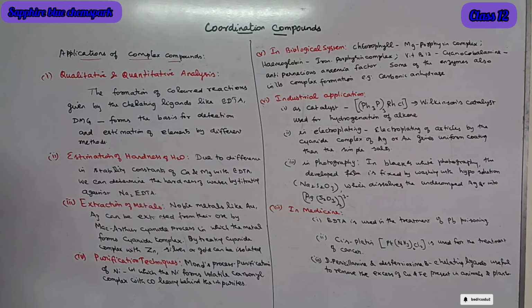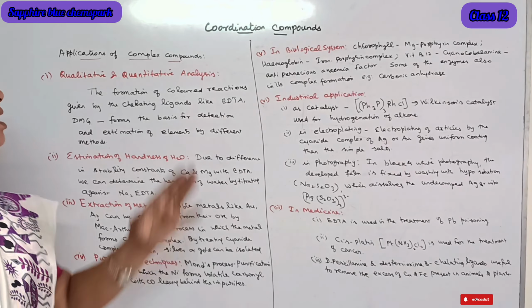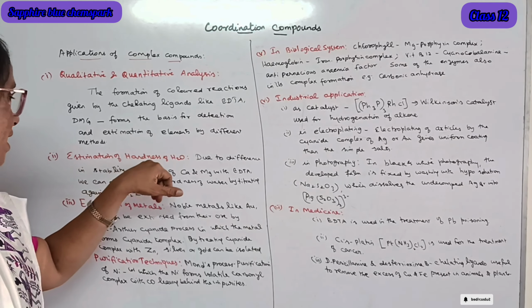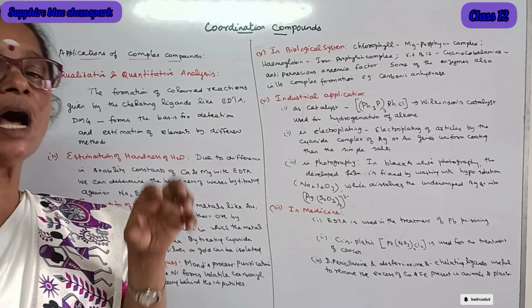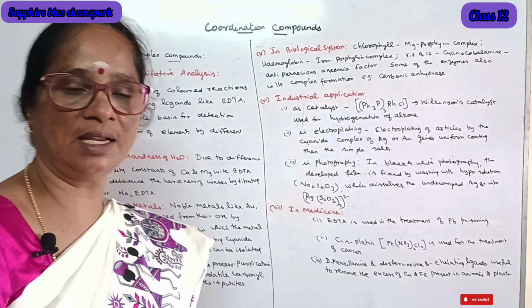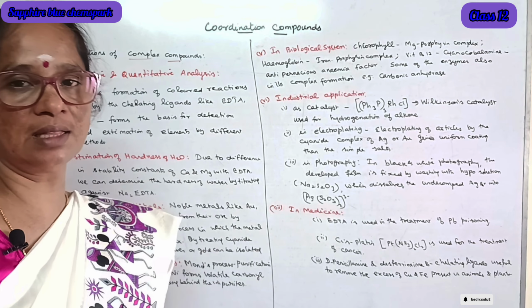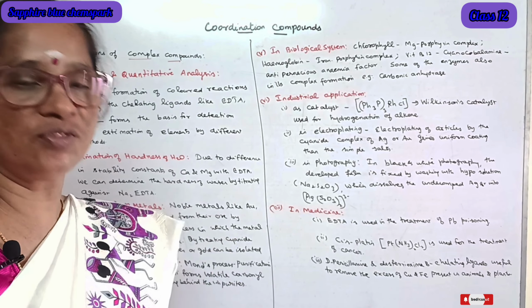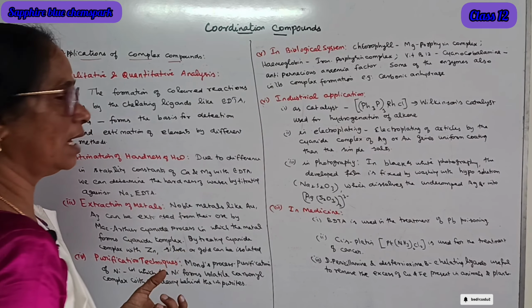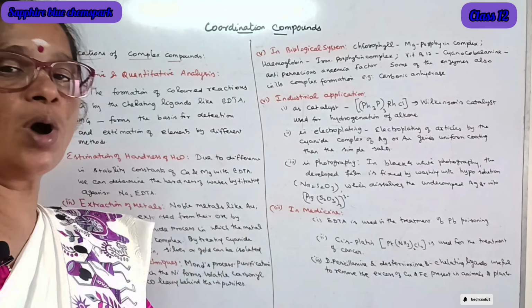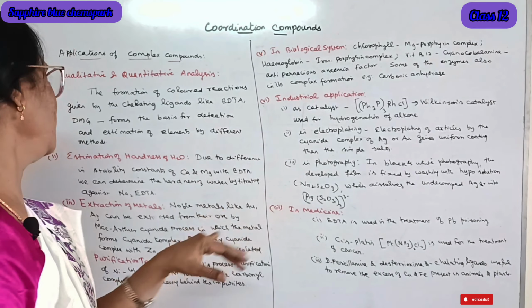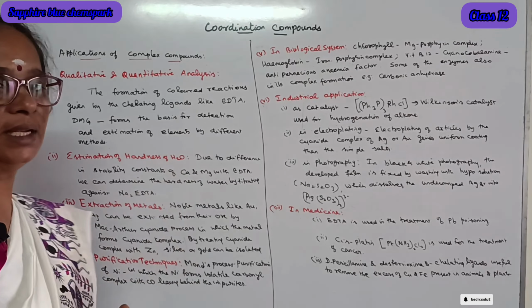Then, estimation of hardness of water. Complex salts are also useful in determining the amount of hardness present in water. Hardness of water is nothing but the saltiness of water. That can be done by titrating the water with sodium EDTA, Na2EDTA.